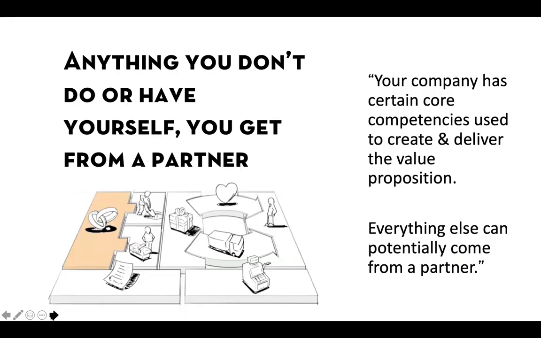So a partner can be for any of the activities in the other boxes of the business model canvas, for example, channels or relationships, or activities and resources, as long as these are not critical and core to your business. What you do not want to be doing is outsourcing component parts that actually are determining the competitiveness of your business model to somebody else.